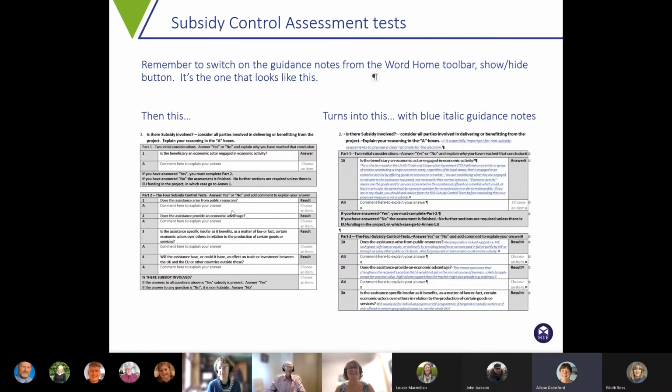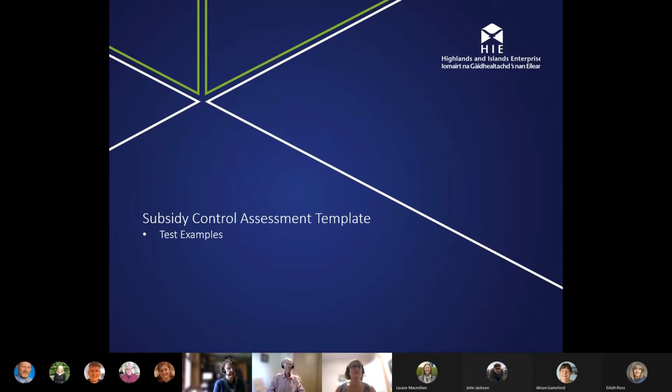But if you turn on this show/hide button, then you'll get all these blue italic guidance notes that explain what we want you to cover in each box, and then you can switch it off when you're done once you've populated these bits, and it'll revert to that. But if you're wondering why there's no guidance, it's probably because you haven't got that switched on.